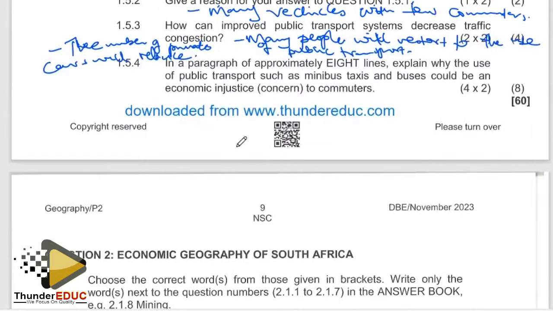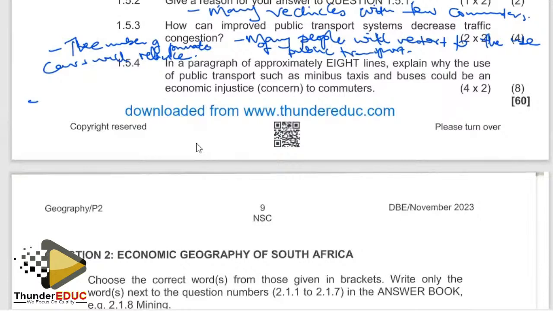All right. We got the last question on that section. It says, in a paragraph of approximately 8 lines, explain why the use of public transport, such as minibus taxis and buses, could be an economic injustice or concern to public commuters. How is it an economic concern to public users?